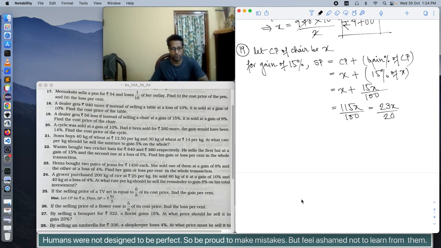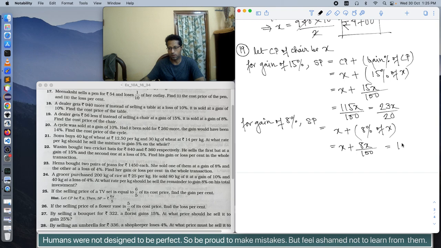Similarly, we have to find the selling price when the gain percent is 8%. So for a gain of 8%, selling price is equal to, similarly, we will get X plus 8% of X. This is equal to X plus 8% of X, which means 8X by 100.